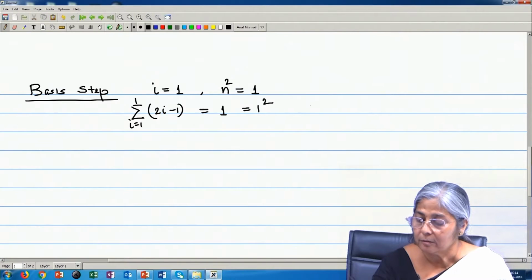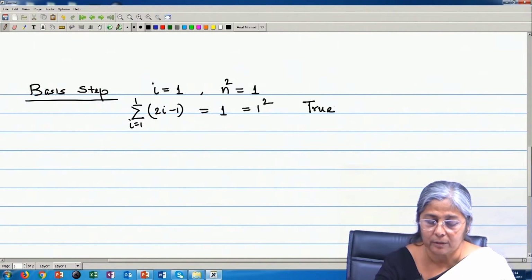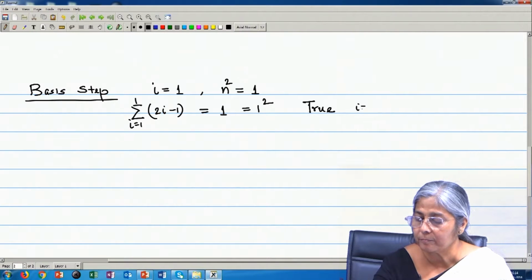So, my basis step is true for n equal to 1.